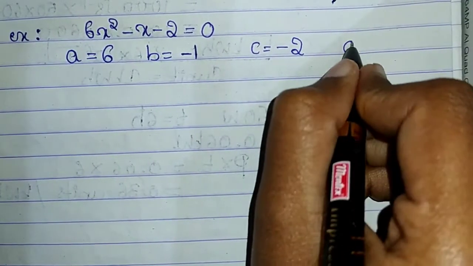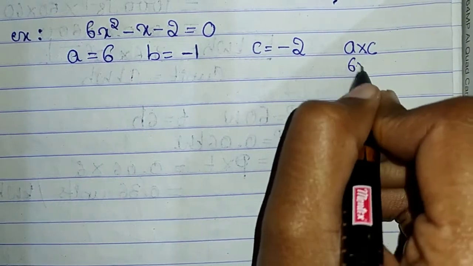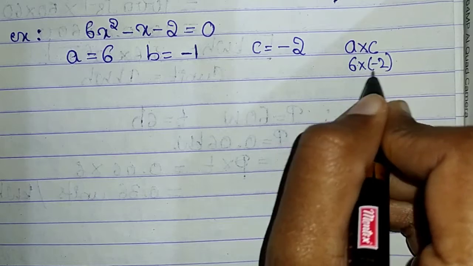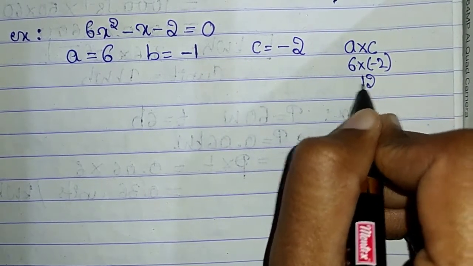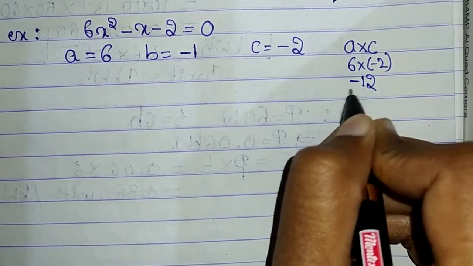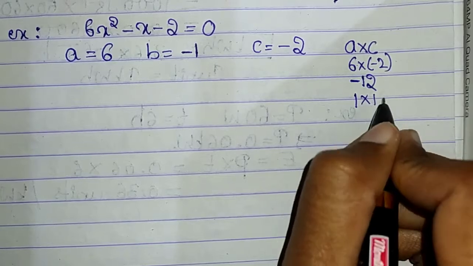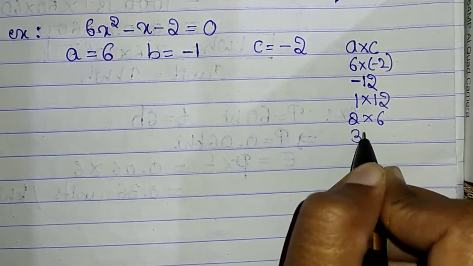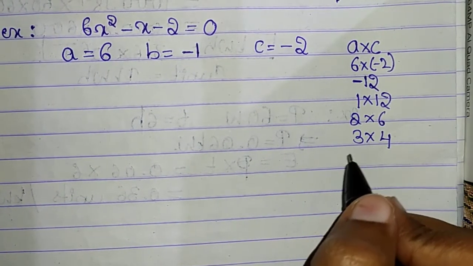Now let us multiply a and c. 6 into minus 2, the product is minus 12. Ignore the negative sign and let us write the factors: 1 into 12, 2 into 6, 3 into 4. These are the factors of 12.